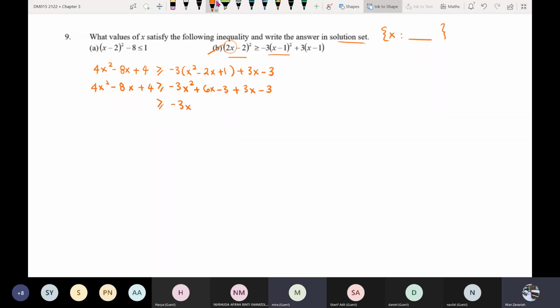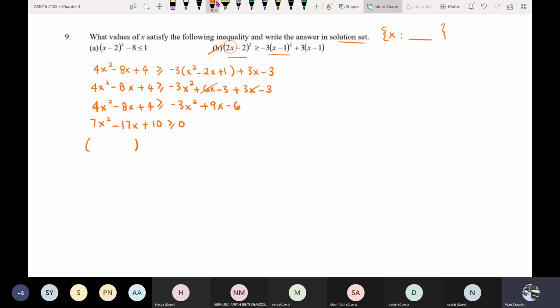Negative 3x squared with this, plus 9x, negative 6. Okay, so now we bring everything to the left. So 4 plus 3, 7x squared minus 17x, 6 plus 4, 10 greater than 0.